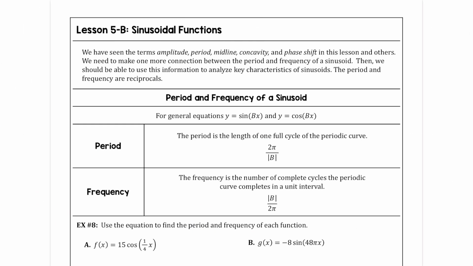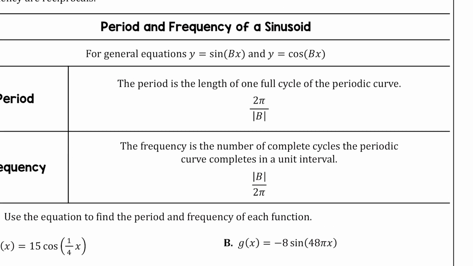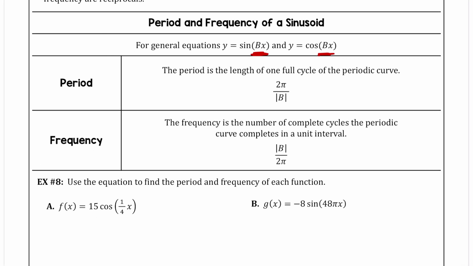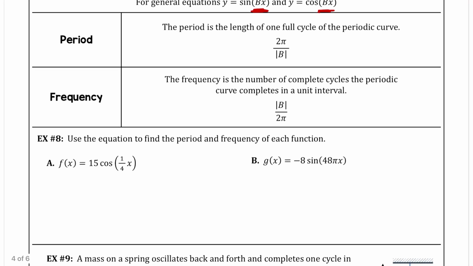Now we're on to lesson 5b. So we've talked about period before. We know that it's 2 pi over b, with b being the number that's multiplied on the inside of the parentheses. I'm just underlining where I'm talking about. But then there's also something called frequency, which I do believe we've touched on a little bit, but not super recently.